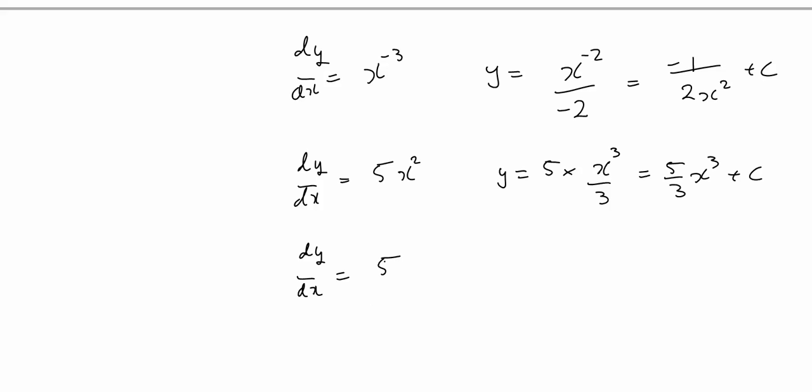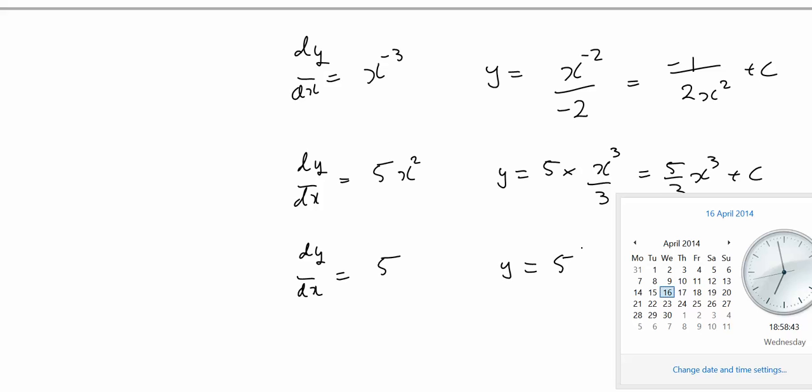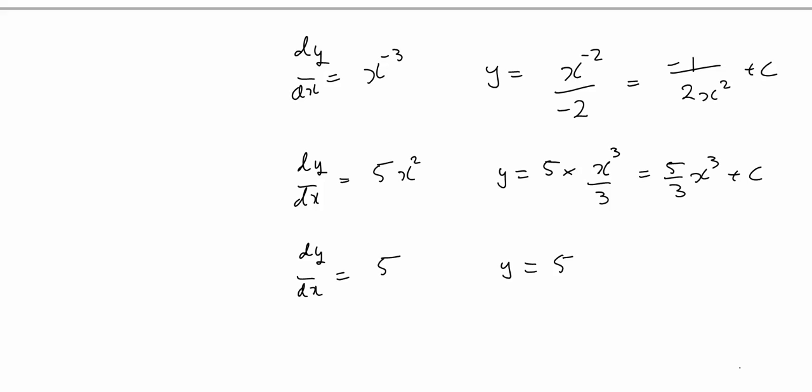If you're integrating just a constant, remember that the integral of 1 is x, so the integral of 5 is 5x, and 5 integrates to y equals 5x plus c.